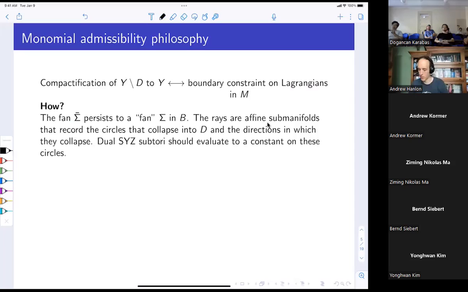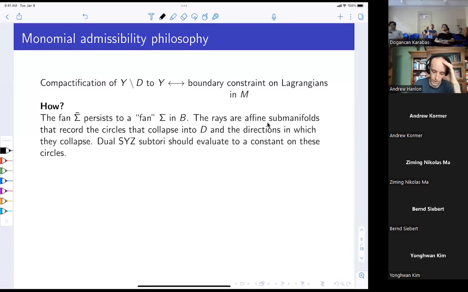Okay, so now, again, if there are any questions, please just stop me. But so now to the monomially admissible philosophy and how I would like to argue for thinking about what the compactification does on the A side.